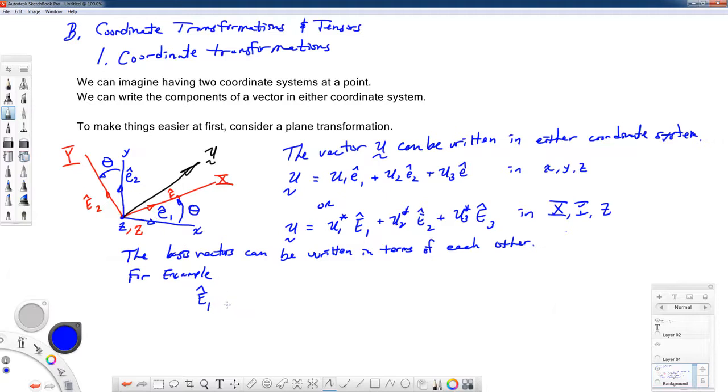So it would be cosine theta times little e hat 1 plus sine theta little e hat 2 plus, well, in this case, 0 e hat 3. So if I want to get this way, I'm going to first have to go over this way and then up.